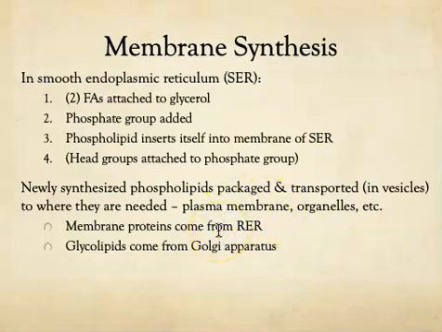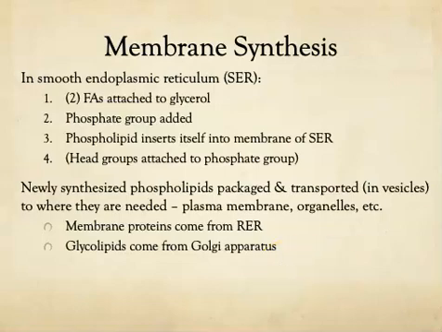Any glycolipids that need to be inserted into new membrane are going to come from the Golgi apparatus. Remember, we said that the Golgi is particularly involved in carbohydrate modifications.